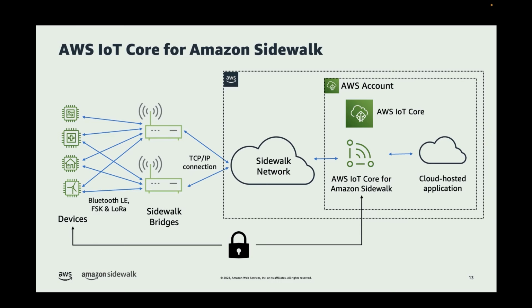And one of those, of course, is what really ties that last bit of encryption that ties device to your specific AWS account and IoT Core instance. And that's all something you manage through this integration for IoT Core for Amazon Sidewalk.